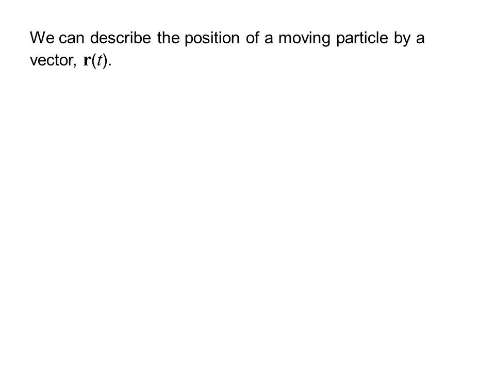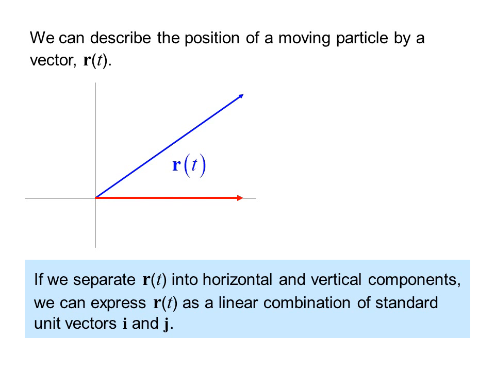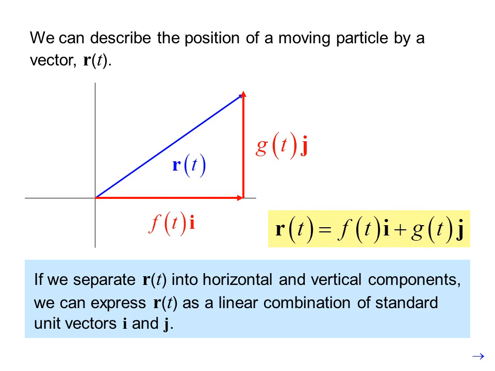We can describe the position of a moving particle by a vector r of t, that is, r as a function of t. If we separate r of t into horizontal and vertical components, we can express r of t as a linear combination of standard unit vectors i and j.